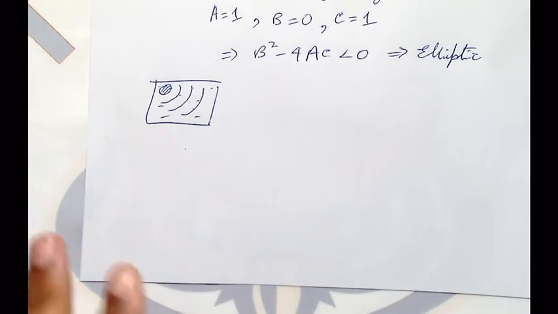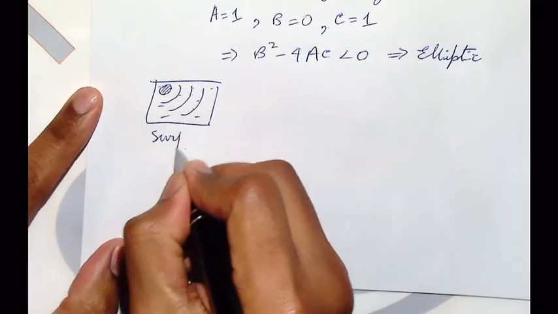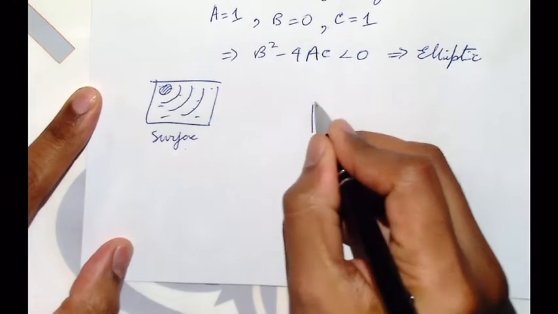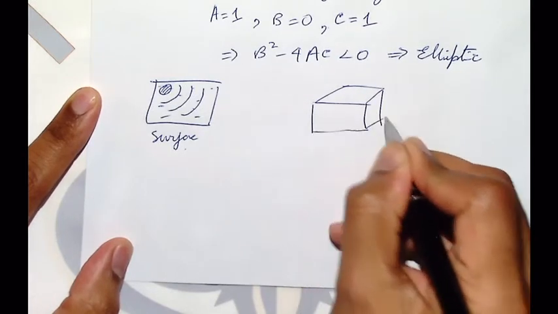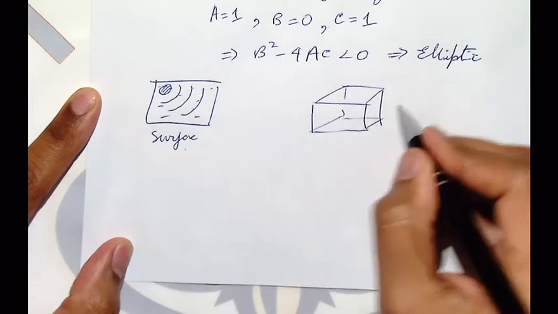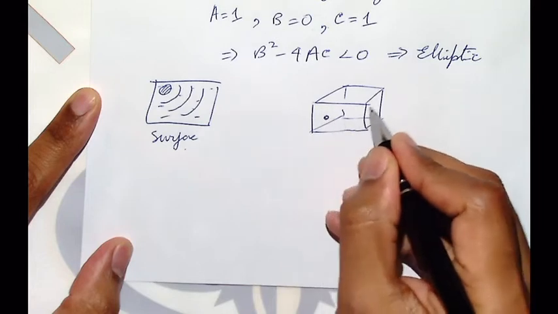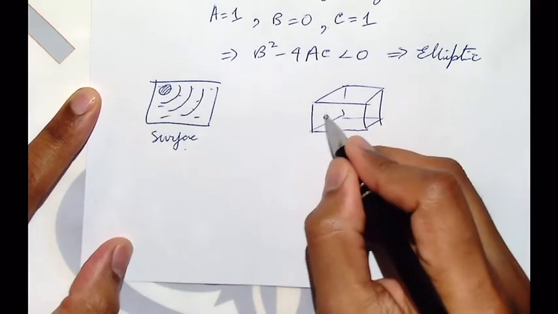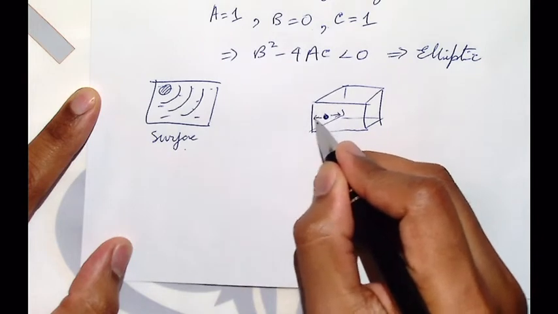Okay, so this was a surface, right? Now, if we have a completely submerged aquarium, there's no surface. So let's say it's a closed box, a fish tank, and there's some toy here and this toy keeps vibrating left and right.